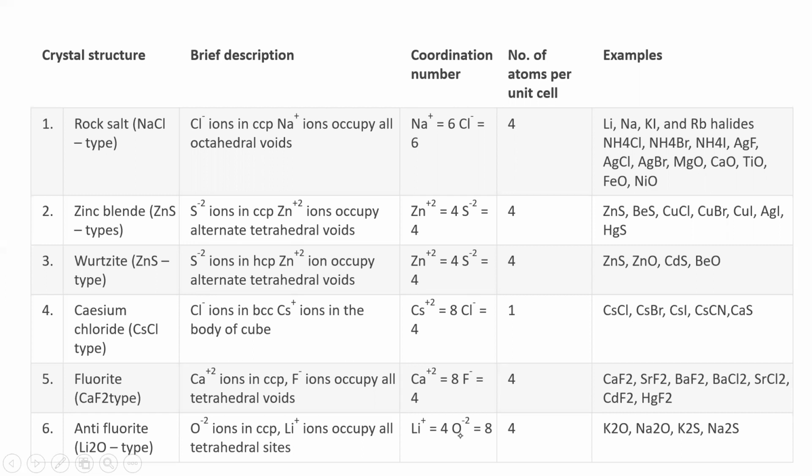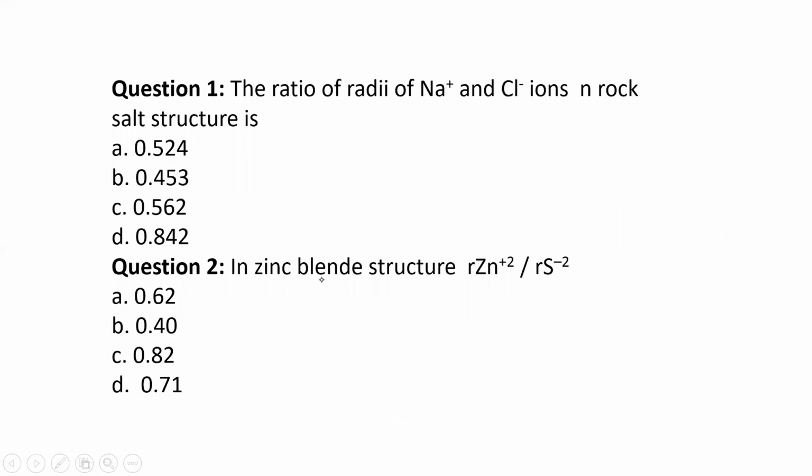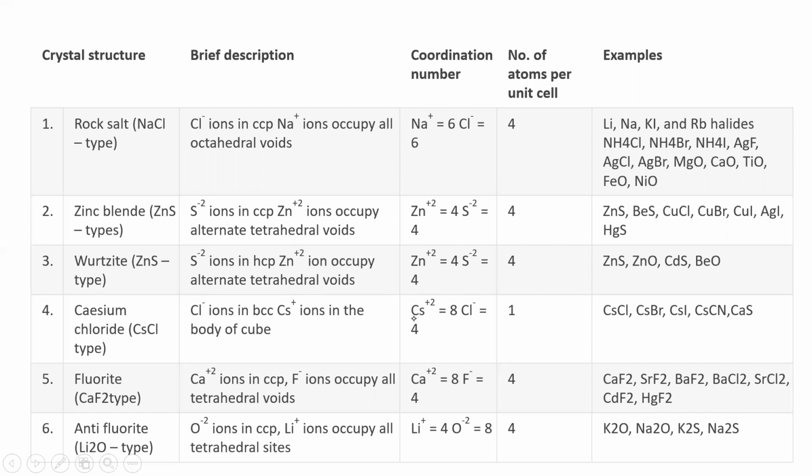So the coordination number is 4:8. The number of atoms per unit cell is 4 because it is FCC. Examples: K2O, Na2O, K2S, Na2S, etc. Now these are the important structures, and definitely a question will come from this in the exam. You have to definitely remember this table, very, very important.